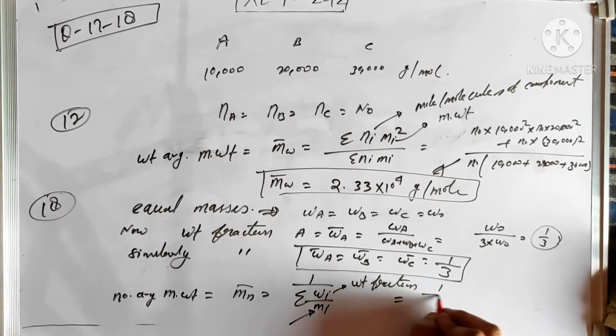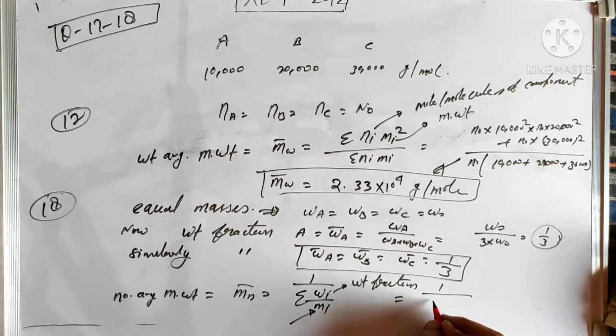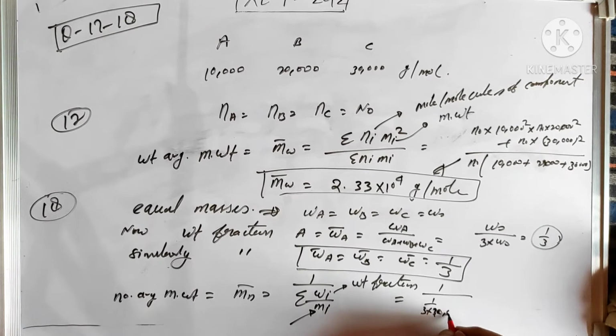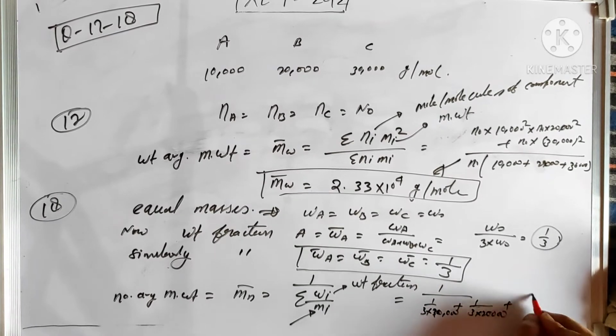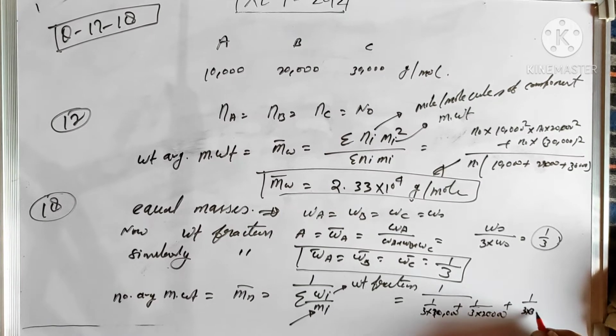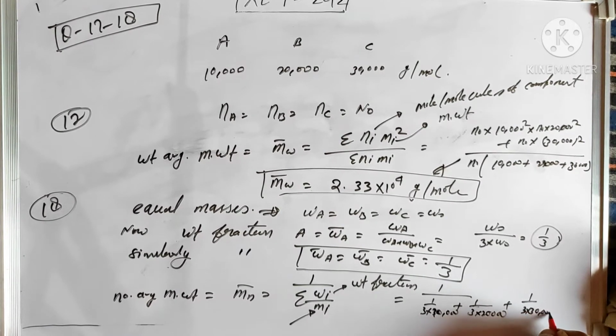So 1 upon 1 by 3 into 10,000 plus 1 by 3 into 20,000 plus 1 by 3 into 30,000.